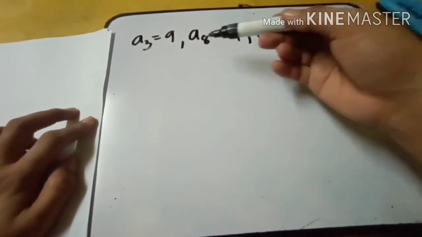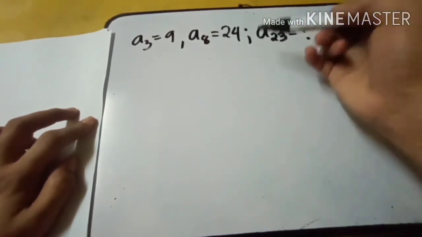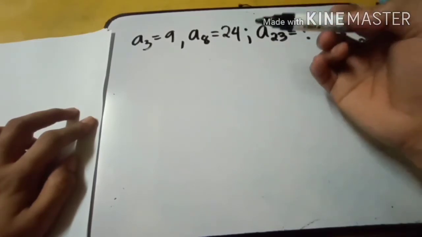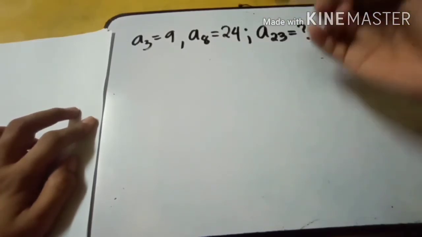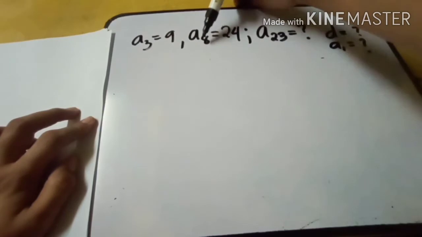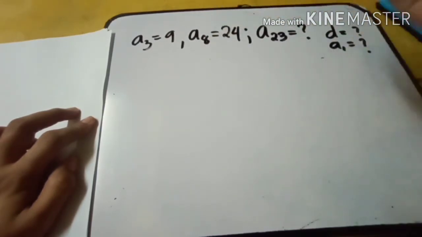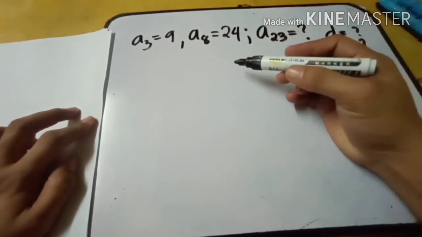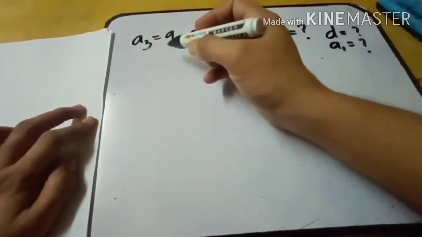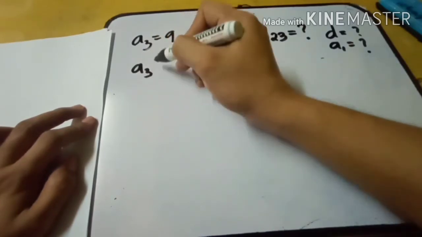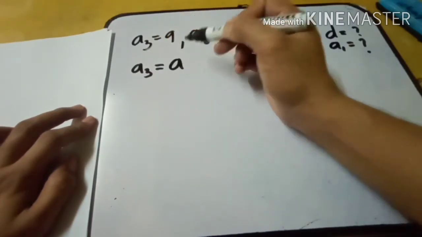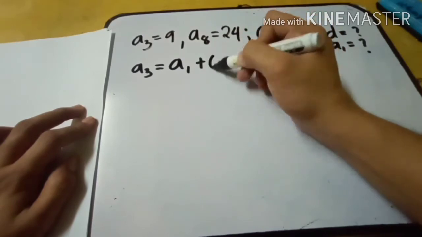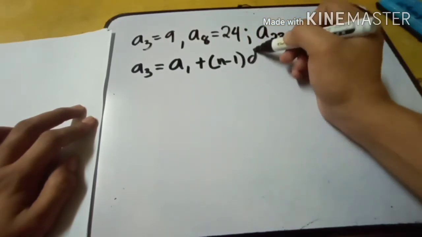So in dealing with this given sequence, we have to derive two equations, which means an equation for a sub 3 and an equation for a sub 8. And in order to find the equations, we have to follow the format of the general formula of an arithmetic sequence. So we take first the a sub 3, then the general formula, we have a sub 1 plus the quantity of n minus 1 times d.